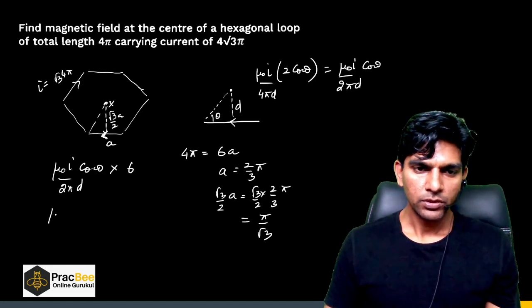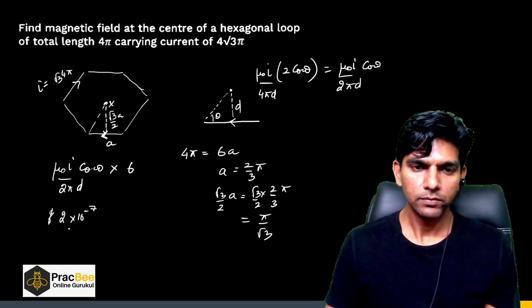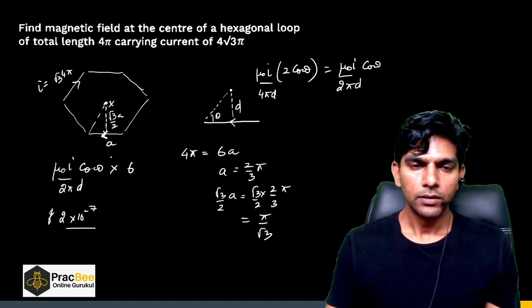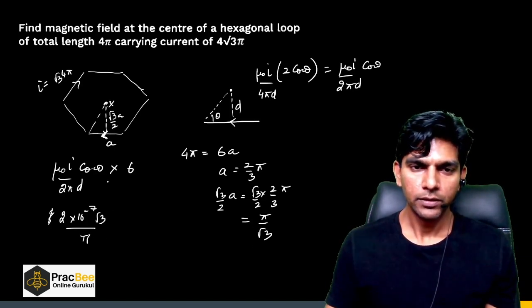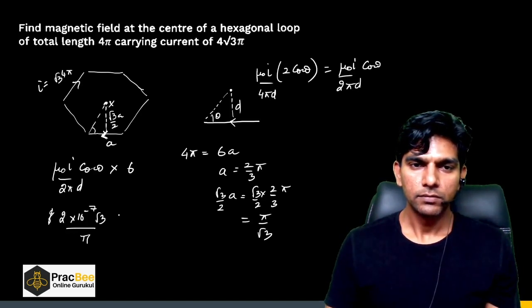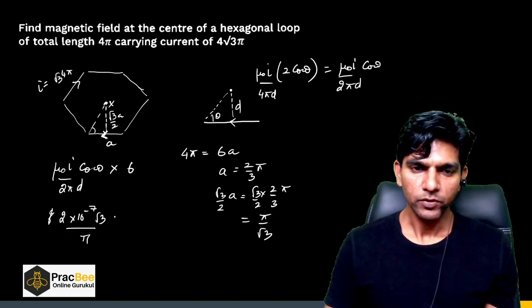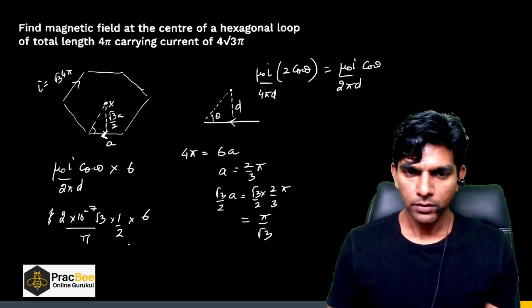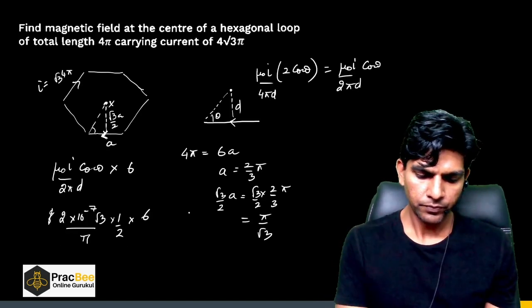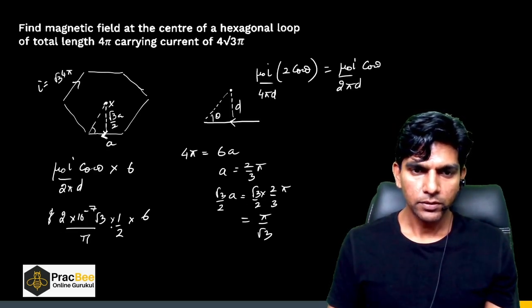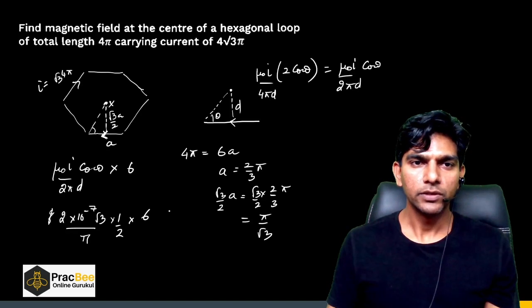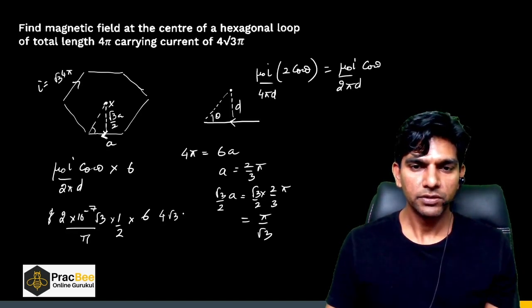So if I substitute the values, this will be 2 times 10 raised to power minus 7, and d is pi by root 3, and cos 60 degrees will be 1 by 2, times 6. And the current value is 4 root 3 pi.